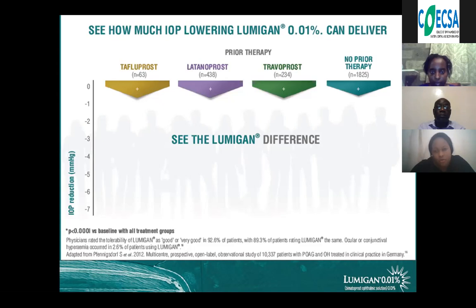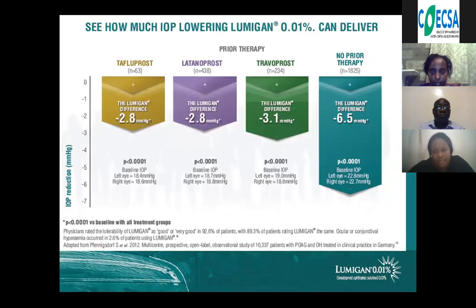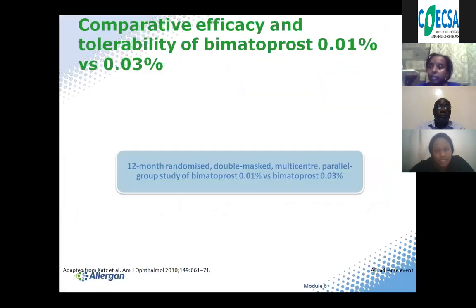The uncontrolled were switched to Lumigan, and the naive patients started on Lumigan. Because of the power of bimatoprost, the IOP drop is quite significant in both the switch patients and the naive patients.